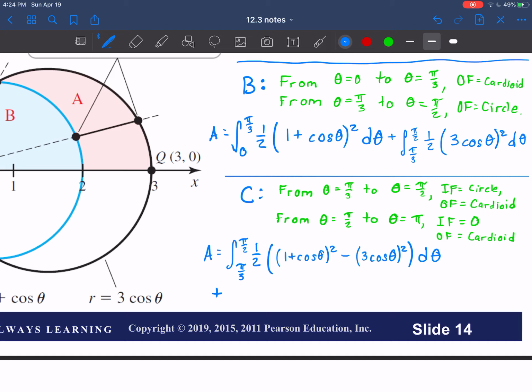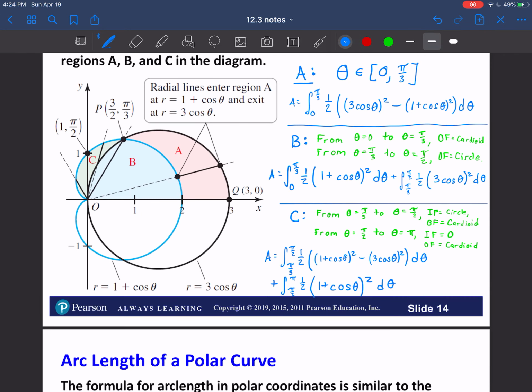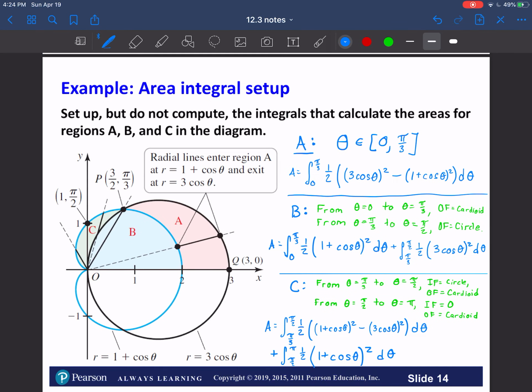And then we're going to add the integral from pi over 2 to pi of 1/2. The outer function is the cardioid, so that is 1 plus cosine theta, we square. There is no inner function, and so we may write it just like this. Alright, so that was fun. Those are how we would calculate the areas for 3 different regions in this picture.